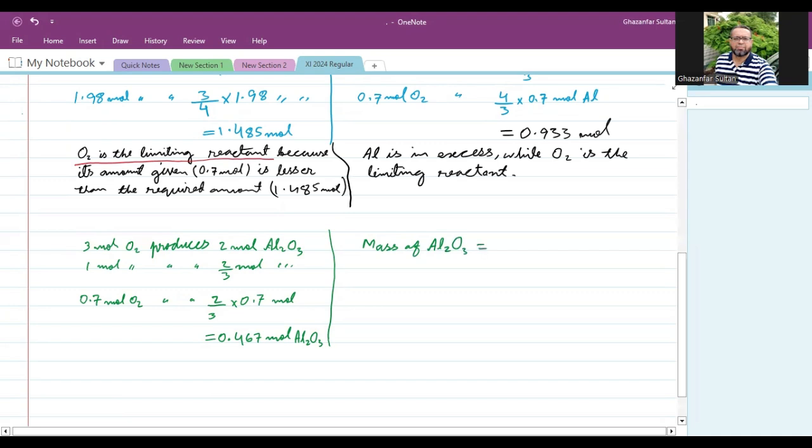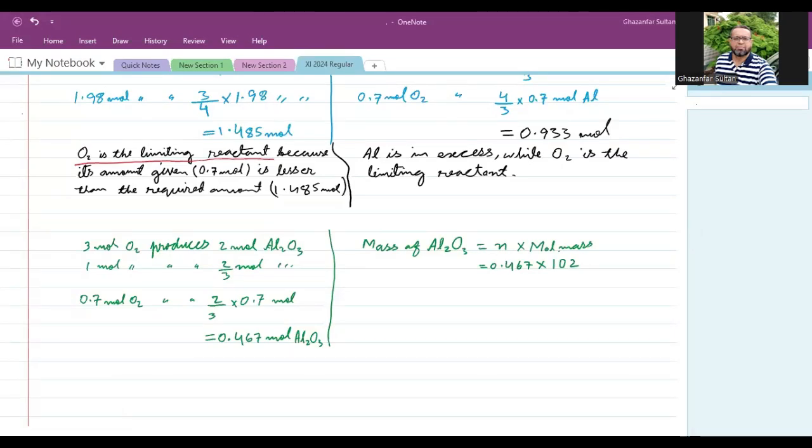So for calculating mass, multiply number of moles with molar mass. So number of moles are 0.467, and the molar mass of aluminum oxide we have already calculated is 102. So now calculate it and see what is the mass?